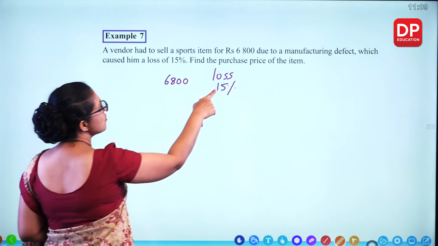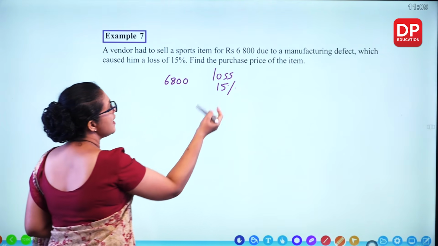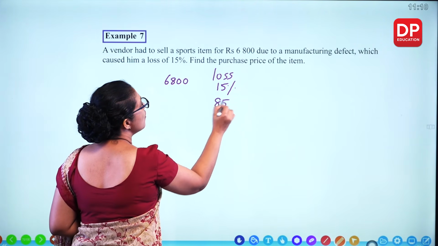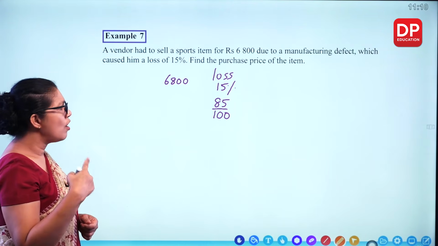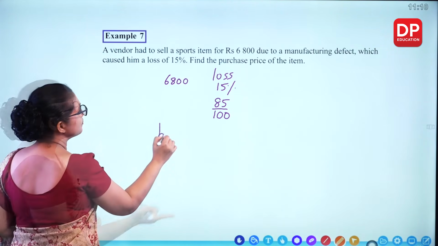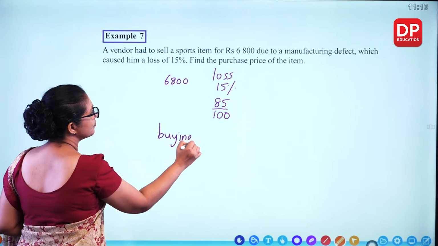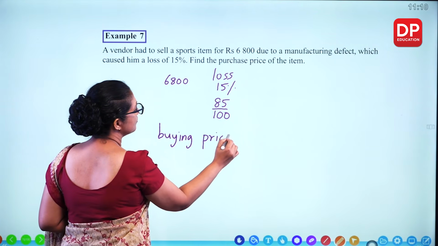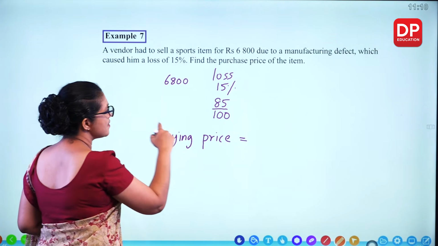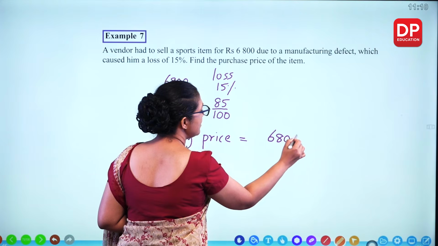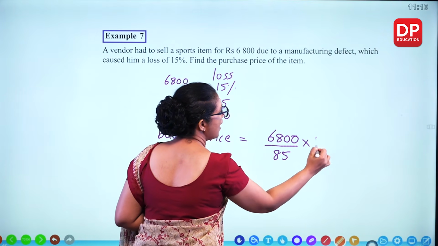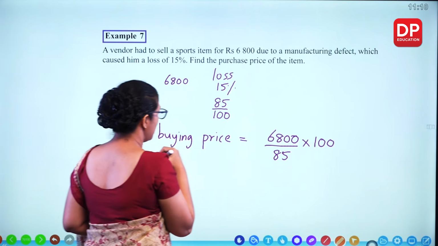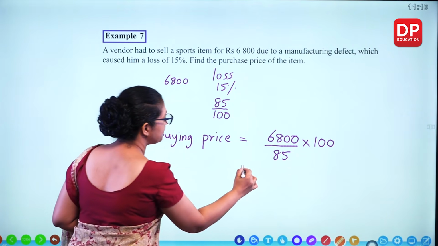Now this is loss of 15 means 85 over 100, because if you buy for 100 you have to sell it for 85. Now you can find out the buying price is 6,800. For one part, you divide by 85, and for 100 parts, multiplied by 100.